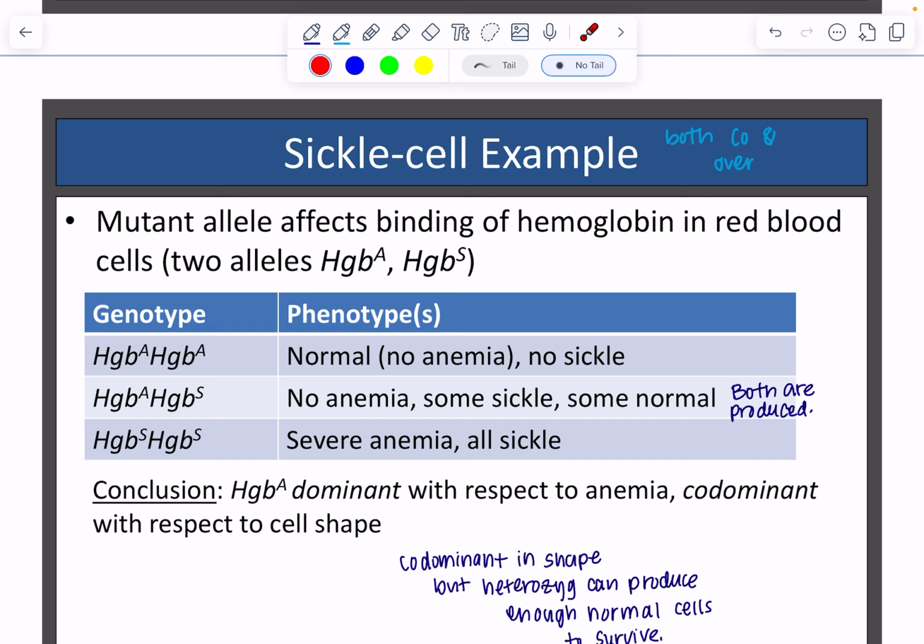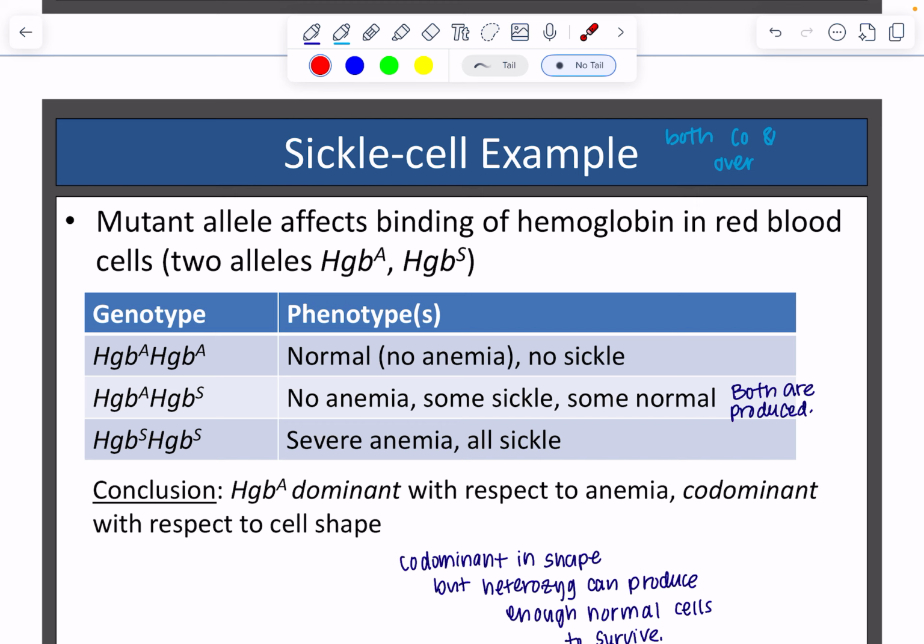If you have hemoglobin A and hemoglobin S, you have some sickle, but some normal, so you can produce enough normal cells to accommodate for anemia, which is lack of oxygen in the blood. If you have hemoglobin S and hemoglobin S, you have severe anemia. Your cells are not transporting enough oxygen to your muscle tissue and all the other places that need oxygen, and all of your cells are sickle.